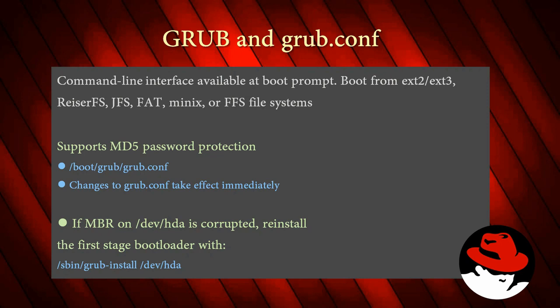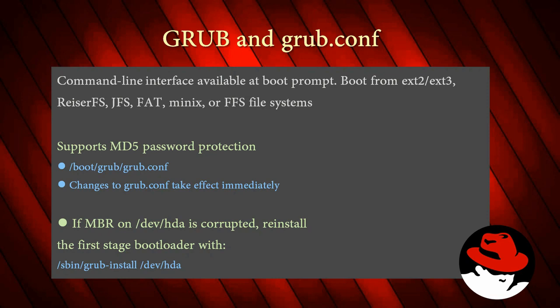So be aware of the bootloader. It supports MD5 password protection, which is an encryption. The grub configuration file is located in the boot directory, within the grub folder. Changes to this file take effect immediately after you write them.